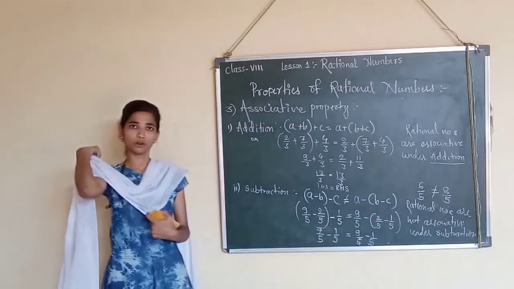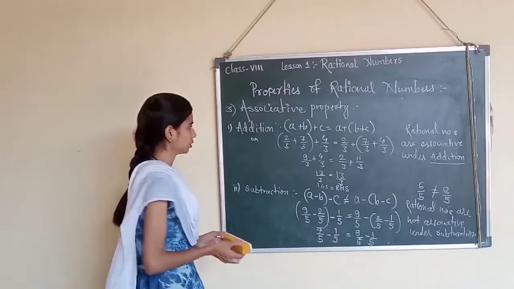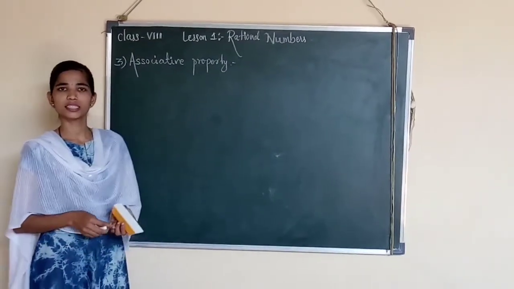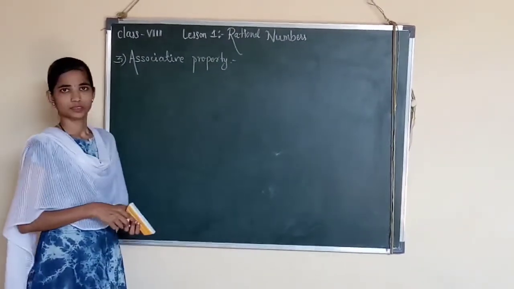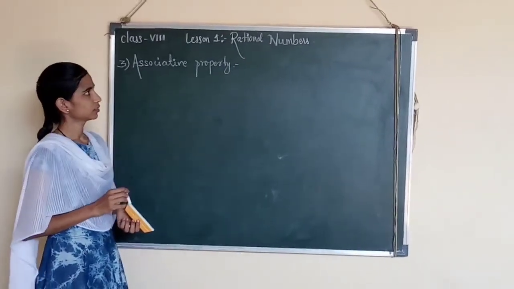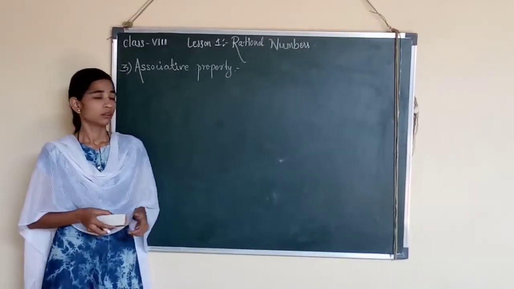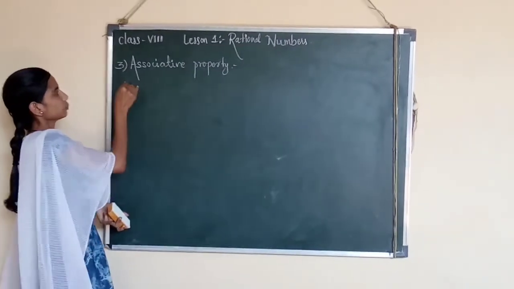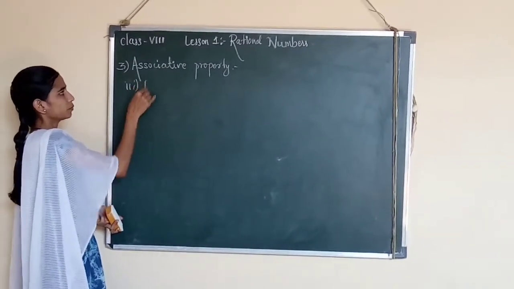Now we'll see for multiplication and division. Now we will see the associative property for multiplication.